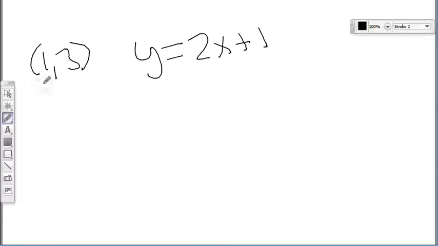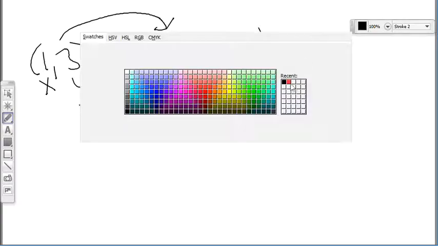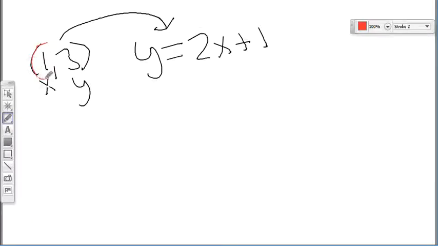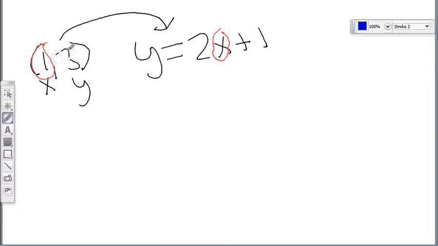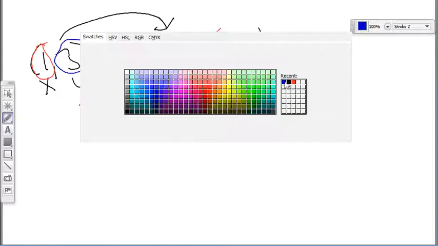Okay, so this point right here is on this line because when we plug the x in for the x in the equation and the y in for the y in the equation, it's going to make a true statement. So let me go ahead and show you how that works.